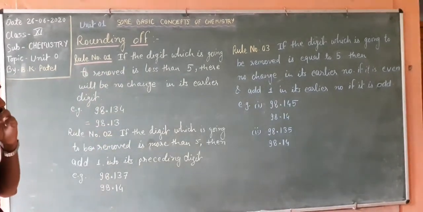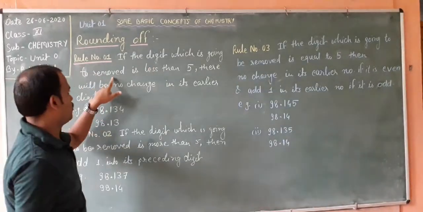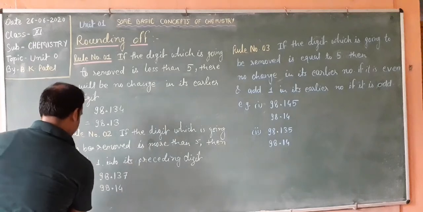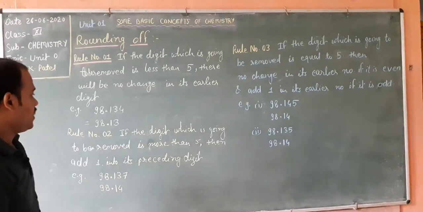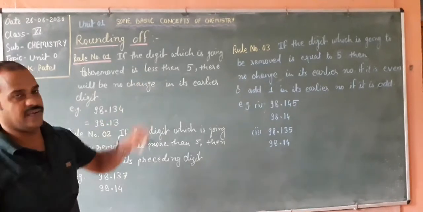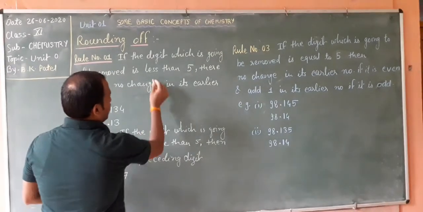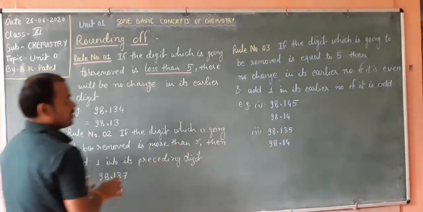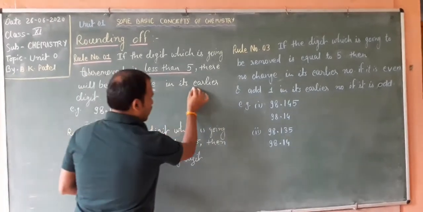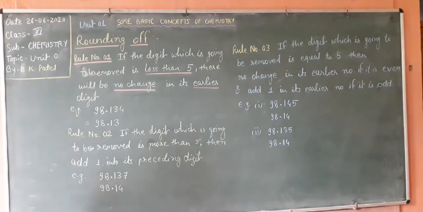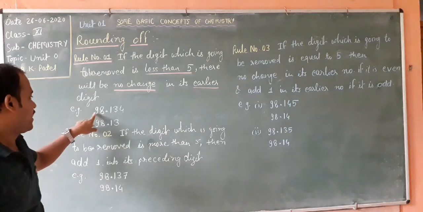If the digit which is going to be removed is less than 5, remember this thing, then there will be no change in its earlier number. What does it mean? Take an example, this number 98.134.